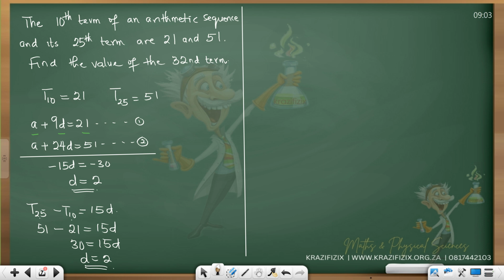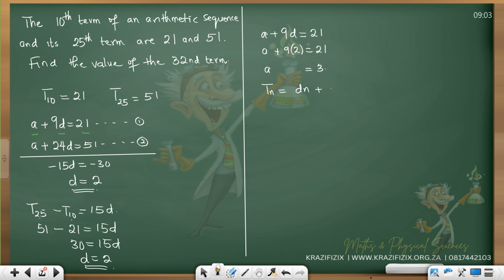Then from there we can find our a by throwing it into any of the equations. a plus 9 times 2 equals 21. What is a? 21 minus 18, right? So a is 3. So instantly I can then say my Tn.